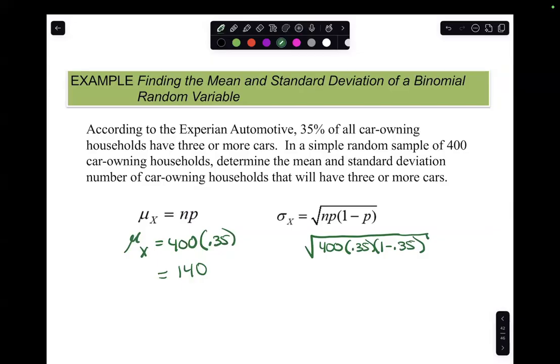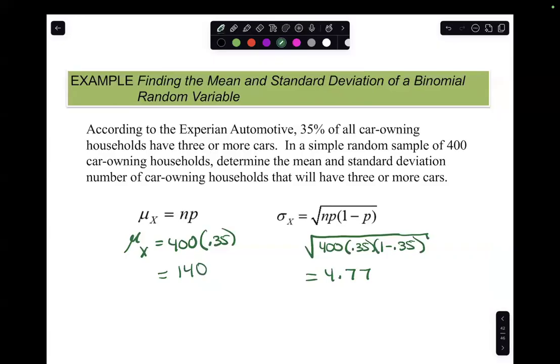Or you can do 400 times 0.35 times 0.65 and take the square root of that. But just be really careful with your parentheses. About 4.77-ish.